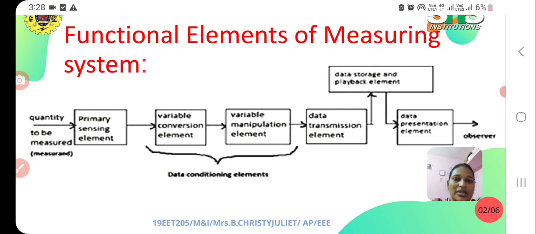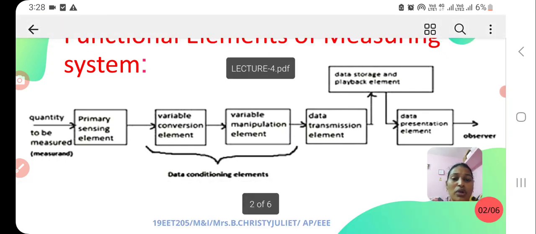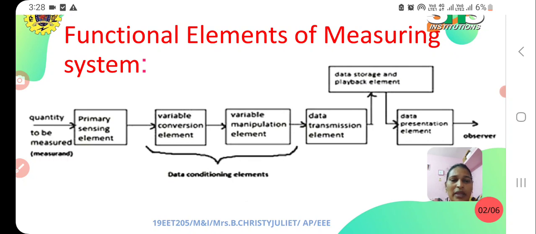So the primary sensing element converts the quantity to be measured into equivalent electrical signals, and these electrical signals are weak or analog in nature. Hence they have to be converted into the desired form, so we need a variable conversion element.